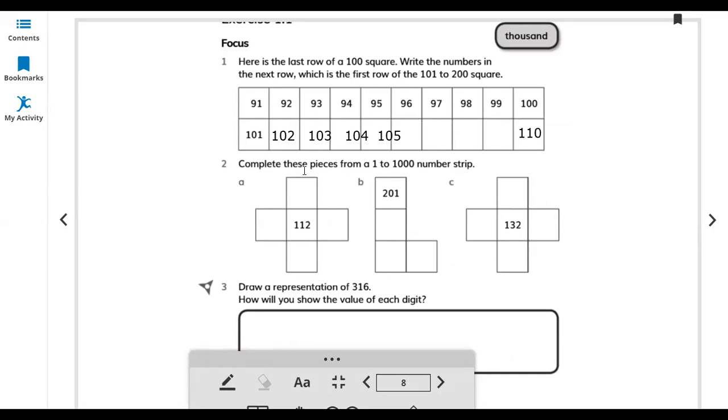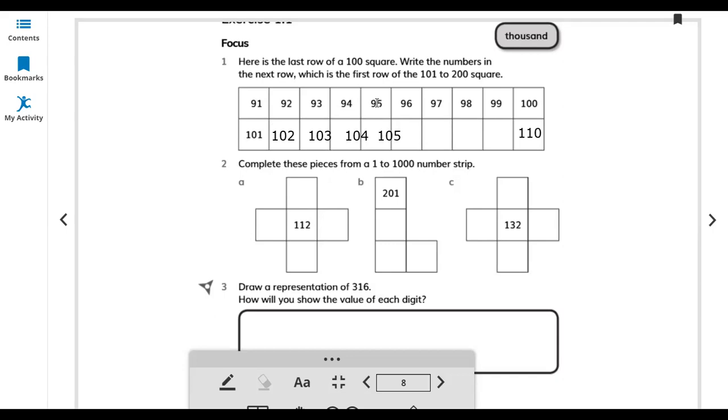Question number two: complete these pieces from a 1 to 1000 number strip. When we are completing these pieces, from up to down we are using plus tens, and from right to left we are using plus 1. Going backward, minus 1. Going forward, plus 1.